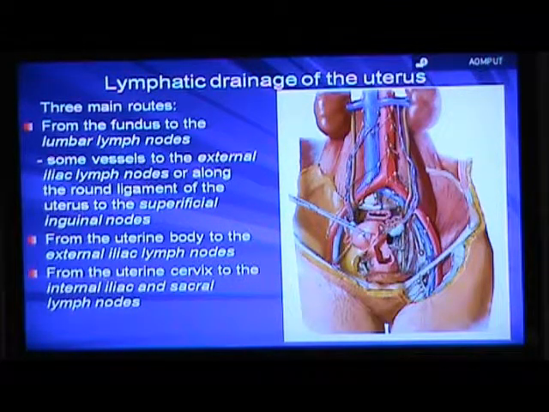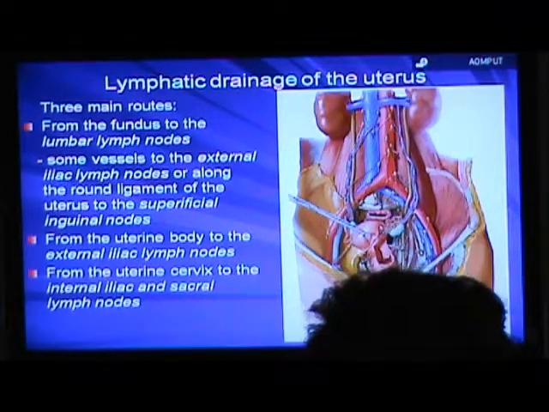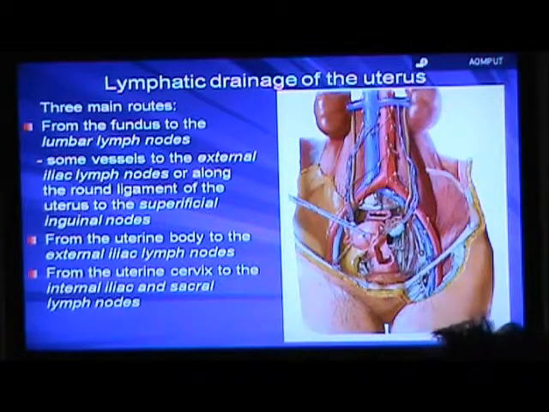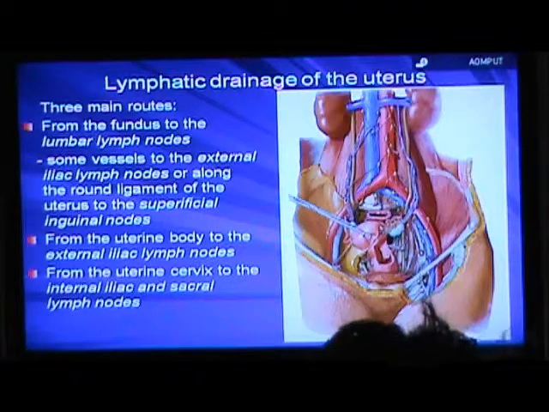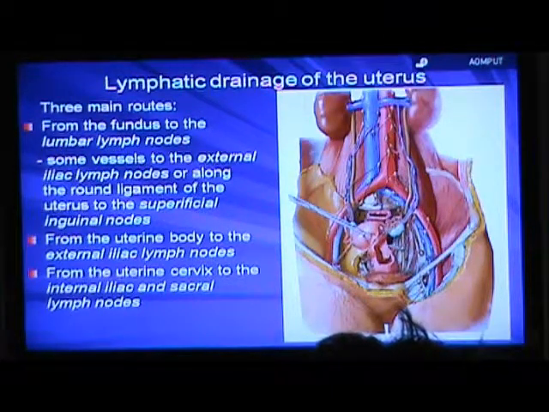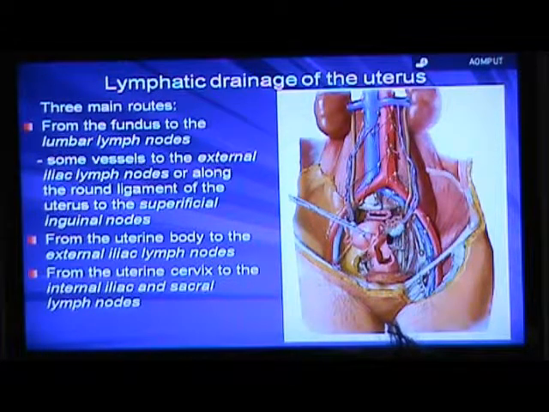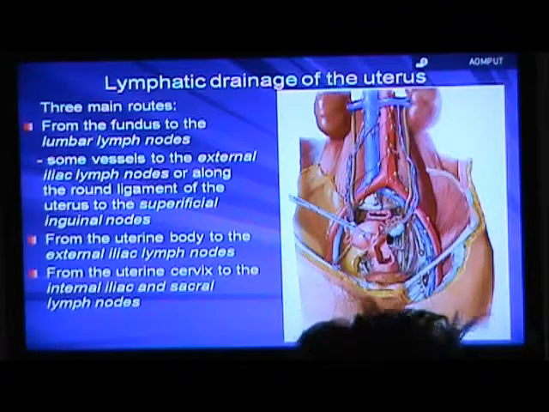So, if there is cancer of the fundus of the uterus, sometimes the superficial inguinal lymph nodes could be enlarged. So we need to remember that if we have enlarged superficial inguinal lymph nodes, there could be something not only in the external genital organs or the anal canal, but it also could be from the fundus of uterus.